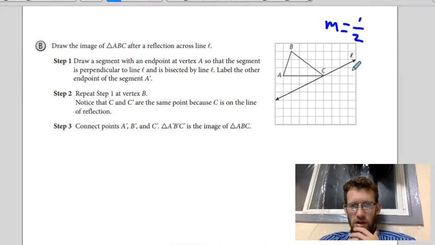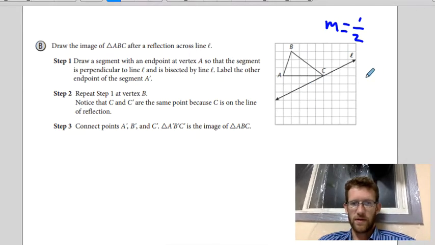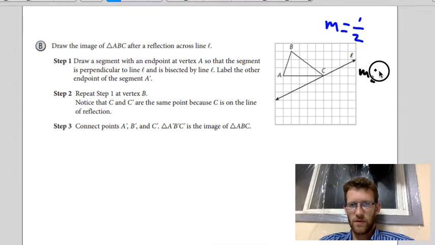And so the slope of the perpendicular segments that are being bisected will be the opposite reciprocal. So the slope, call it M2, is equal to negative, and you just switch the 2 and the 1, 2 over 1, or that's equal to -2, right?